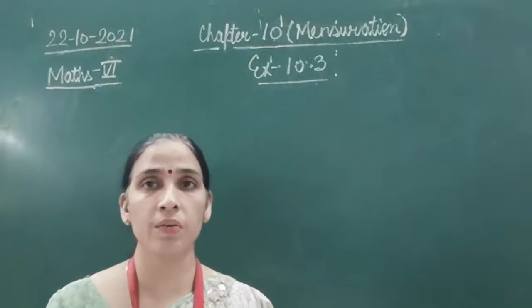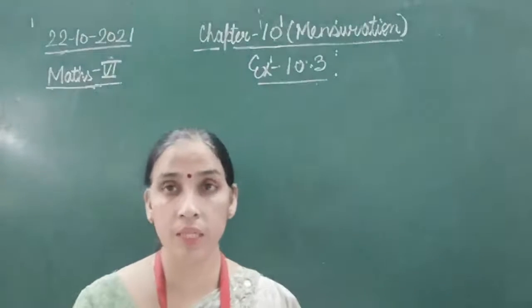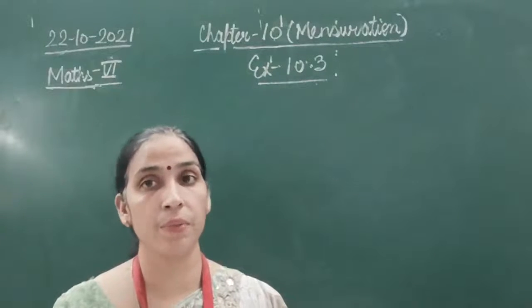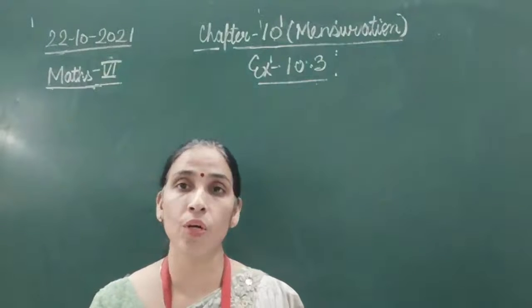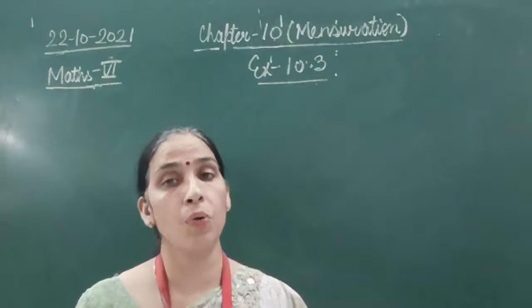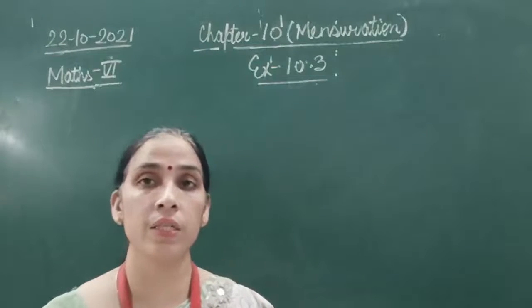Children, as you all are aware, we were doing 10.3, our last exercise of chapter 10, that is mensuration, and we have already finished with the concept of perimeter and area, how to find the perimeter of different figures.